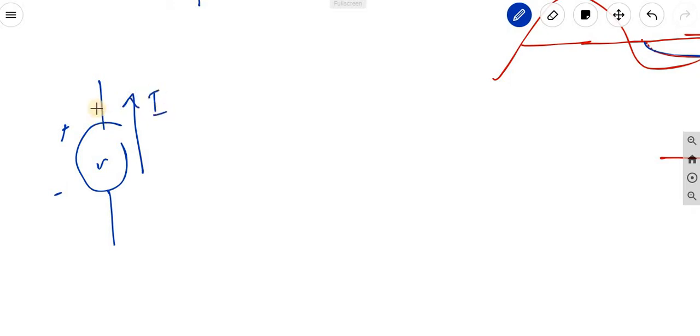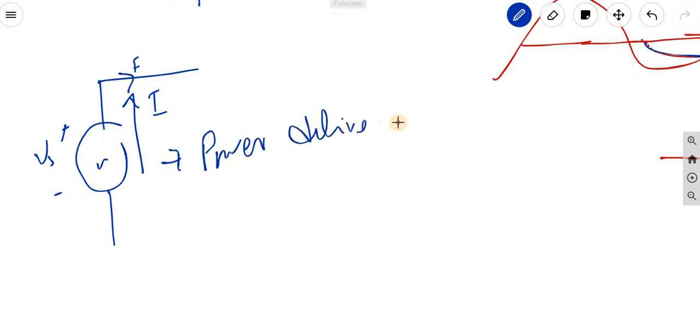The voltage is like this polarity and the current is also in this direction, going out from the positive terminal. Okay, then this source would be called a power delivering source.